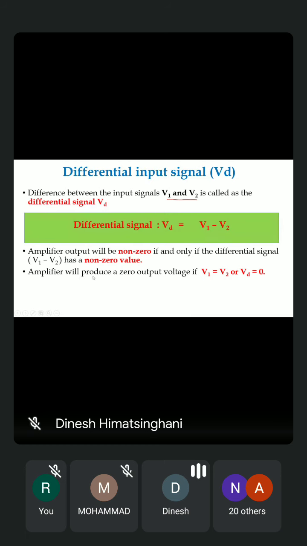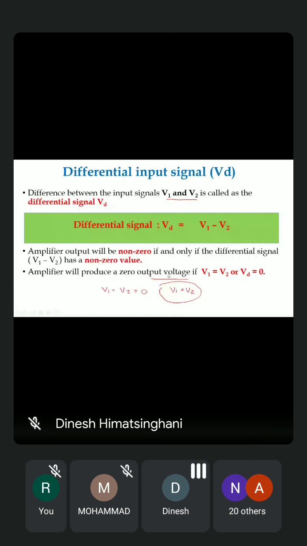So the amplifier will produce a 0 output voltage when V1 minus V2 is 0, or V1 is equal to V2. Only when V1 is equal to V2, or V1 minus V2 is equal to 0, VD is equal to 0, will the output of the amplifier be 0.